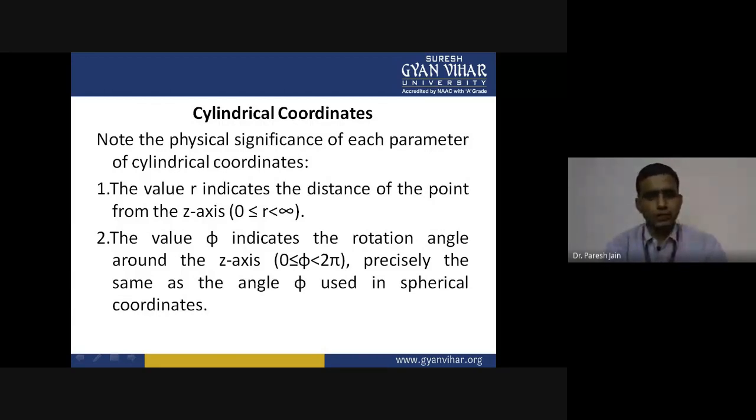The value of phi indicates the rotation angle around the z-axis, that is 0 to 2 pi. So the lower limit of phi is 0 and the upper limit of phi is 2 pi. Precisely the same as the angle phi used in the spherical coordinate system.